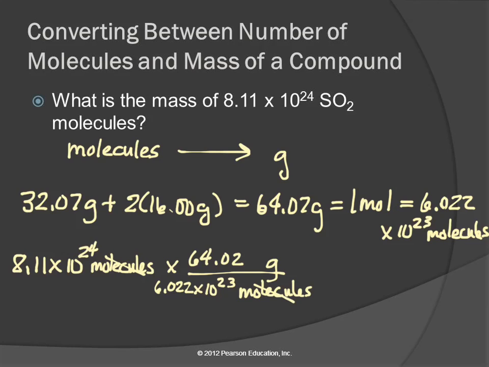And then we get out our calculator. 8.11 EE 24 times 64.07 divided by 6.022 EE 23 equals, and this is another one that ends up with 3 sig figs. And so this comes out to be 862 grams.